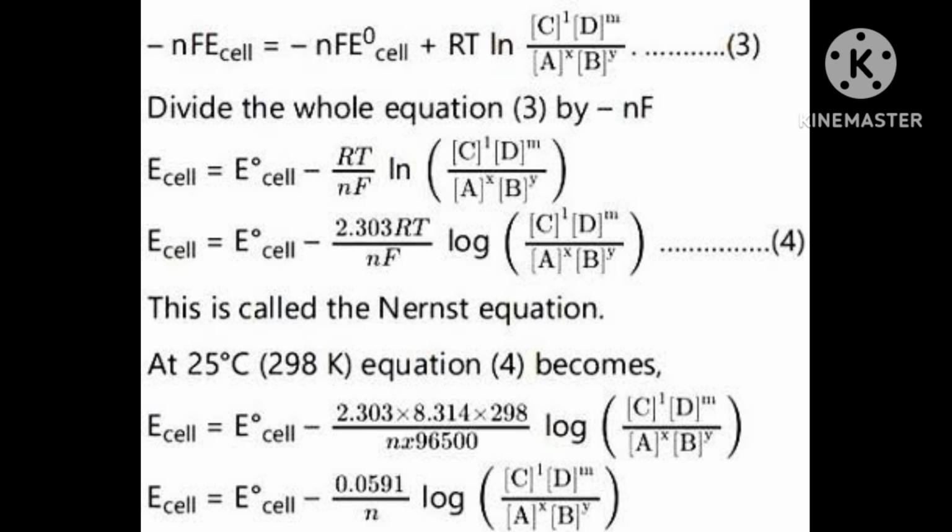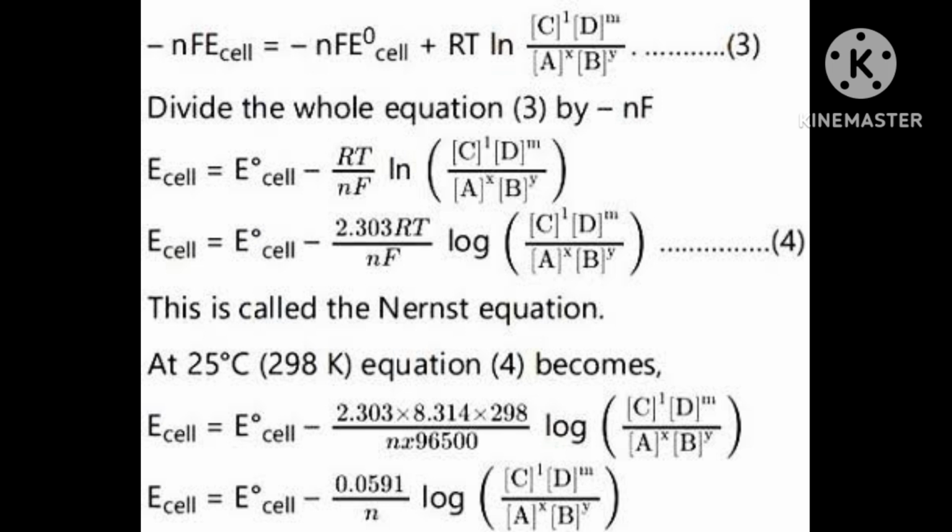Same things are here, the equation they have given. Then you have to represent the cell, make the cell, and also calculate the Ecell, if standard Ecell is equal to 3.17 volt. Correct? Two things you have to do. First, represent the cell. Second, calculate the Ecell.